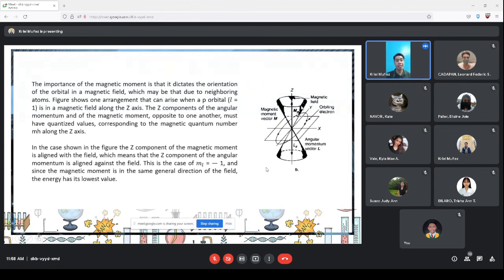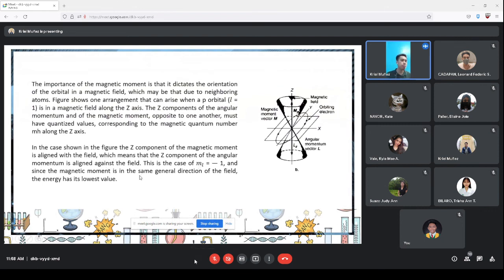So yung positive z natin, class, ay naka-align siya sa magnetic field natin. So naka-positive yung ating magnetic field sa z-axis natin. So for this one, which means that the z component of the angular momentum is aligned against the field. Yung angular momentum naman natin, naka-against naman siya sa ating field. This is the case of m sub L is equal to -1.